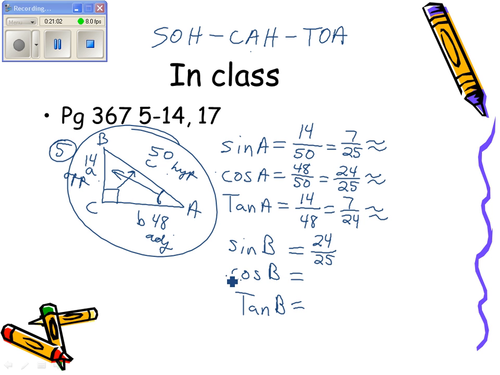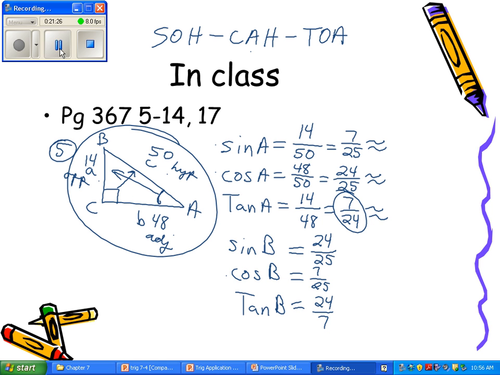Cosine of angle B is going to be the same as the sine of angle A, which was 7 over 25. And then the tangent is just the reciprocal of whatever we had right here. So you just flip that over, that's 24 over 7. So that's number 5.